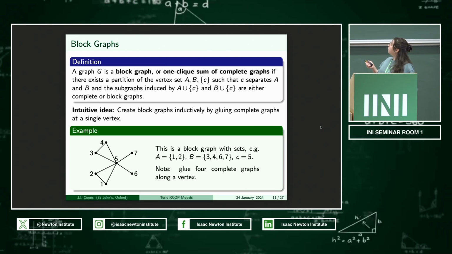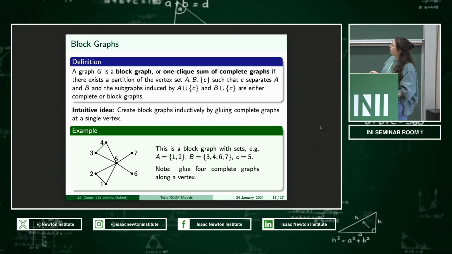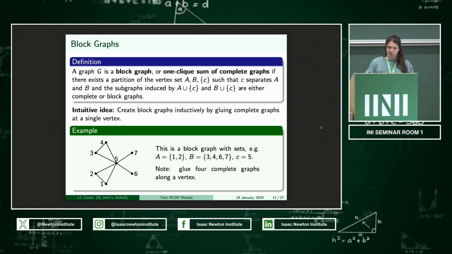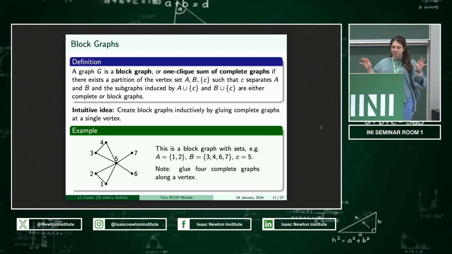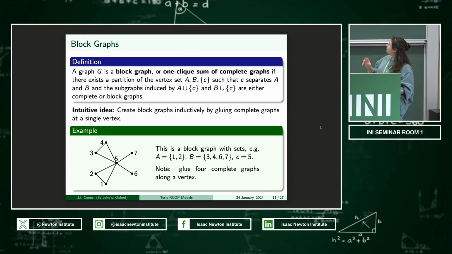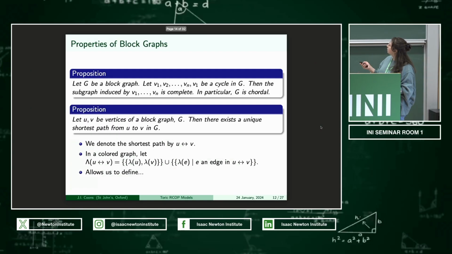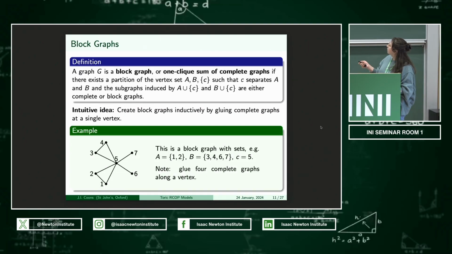Now this block graph condition is a condition just on the uncolored structure. We call a graph a block graph, or a one-clique-sum of complete graphs, if I can partition the vertex set into A, B, and a singleton C, such that removing C separates A from B, and the remaining pieces, when I add C back in, are either complete or block graphs.